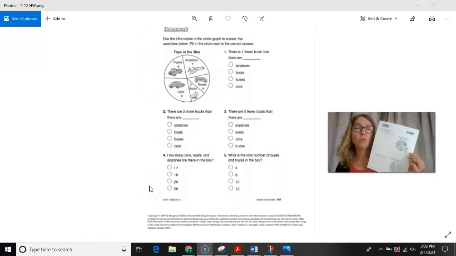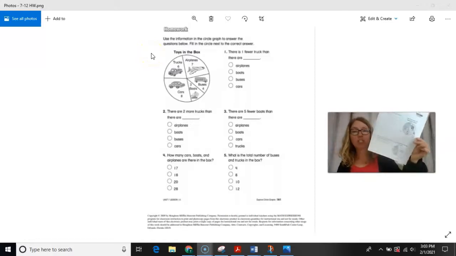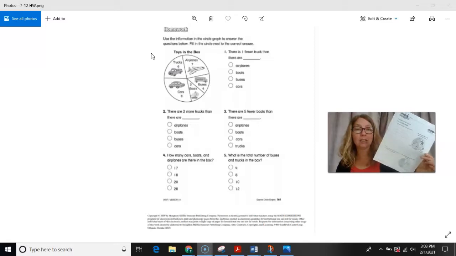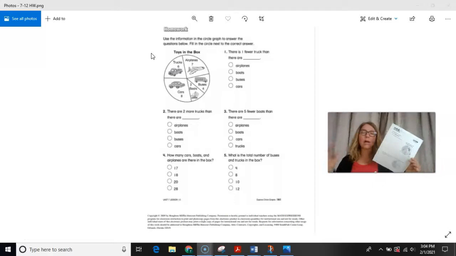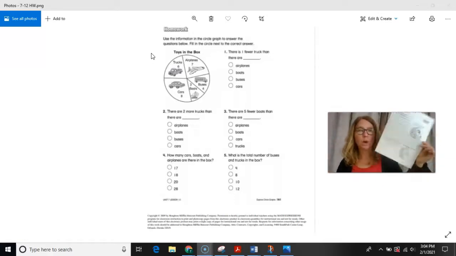You don't have a homework sheet, so we're going to almost flip-flop these two assignments. We're going to do the homework sheet together, and then you can do this sheet on your own. The activity we normally do in class together, and then you do the homework on your own. So we're just going to flip-flop it. And then I will also walk through this with you before I release you.